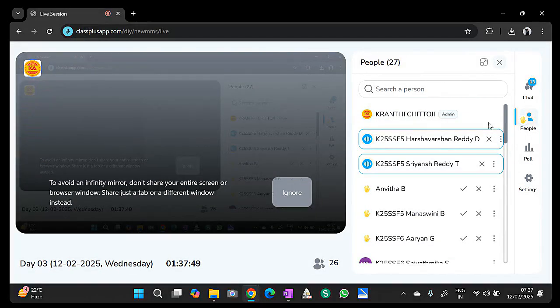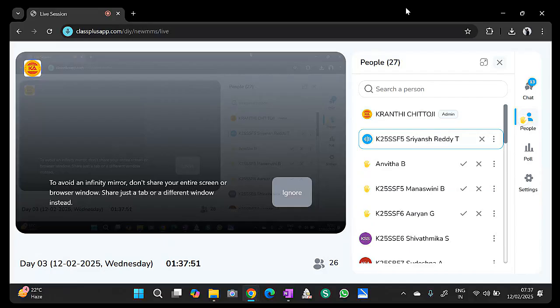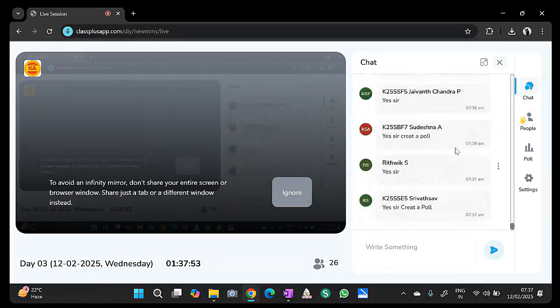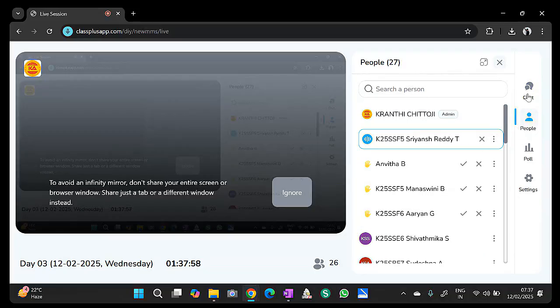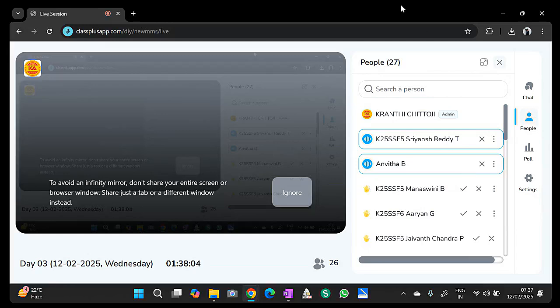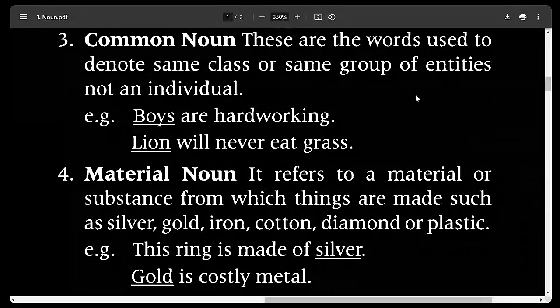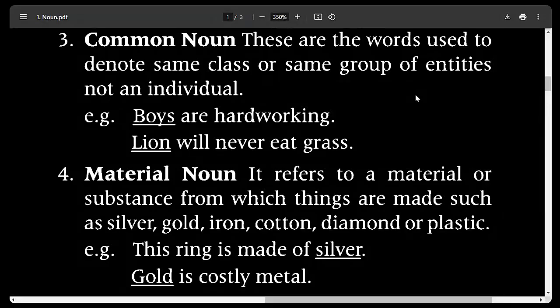Shriyash, why did you raise a hand? Shriyash, you raised a hand. You're not audible. Try to leave the class and join again. Anvita, what's your doubt? Sir, we have to write what you are telling.